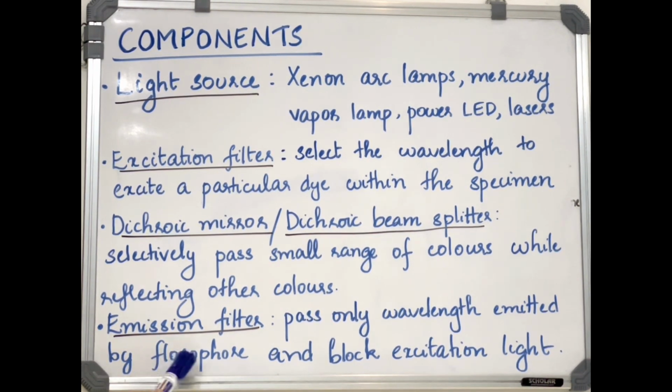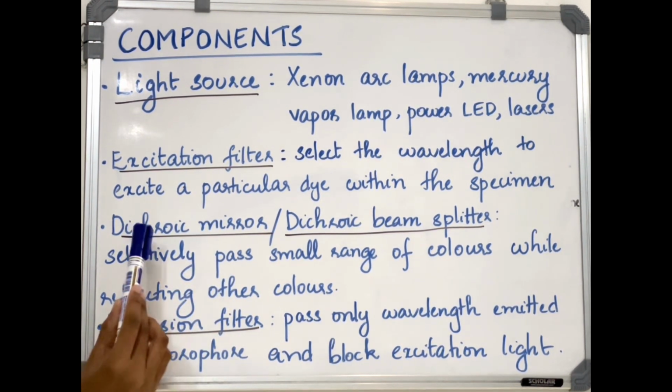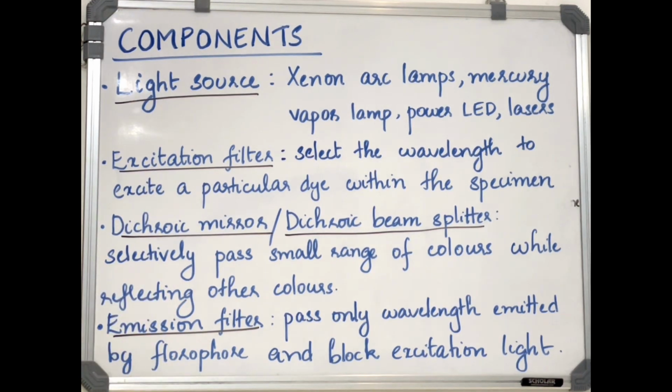These fluorophores absorb shorter wavelength radiation and emit longer wavelength light rays. So this emission filter only allows those long wavelength light rays to pass through and blocks any other residual excitation light. These are the main components of the fluorescent microscope. You will understand their functioning more when we explain the working mechanism.